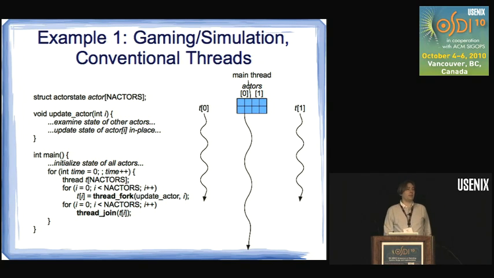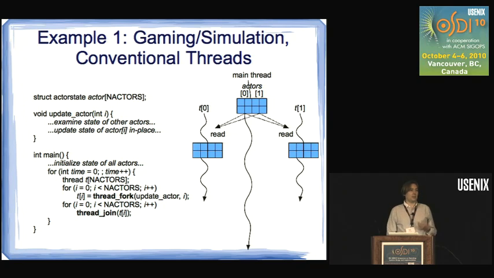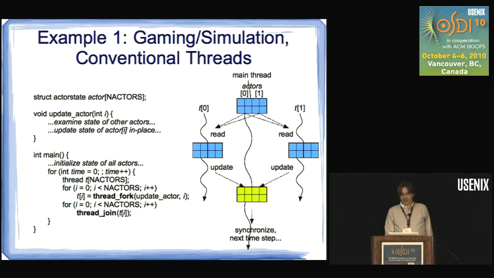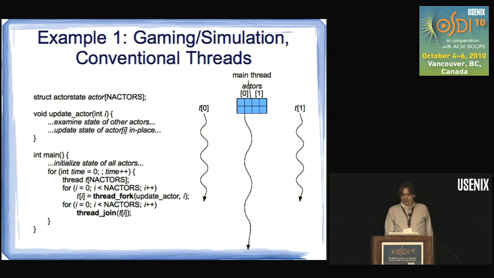We fork off a thread for each actor, and that thread looks at the current state of the virtual world, which includes reading arbitrary elements in the actors array, deciding what its assigned actor is going to do next, and updating its assigned actor in the array. This is conceptually what we want the code to do. But of course, if you run this code on standard Linux pthreads, you're not going to get that behavior. Instead, you're going to get something like this.